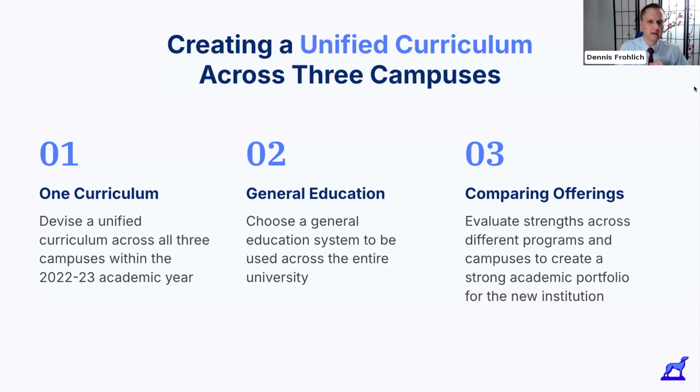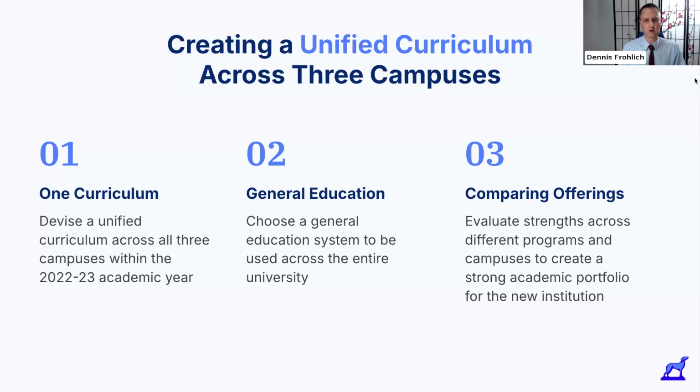And then on the 3rd point there, evaluating our different strengths, the program array looked different on each of the 3 campuses prior to integration. Each campus had their own programs and departments that they had strengths in, that they had historical successes with. We wanted to keep what was working well as much as possible in the new integrated university.